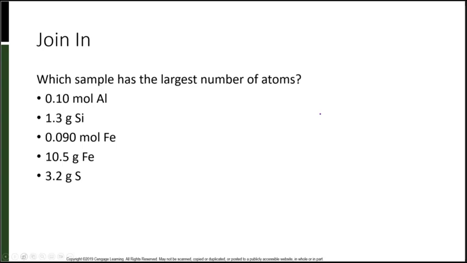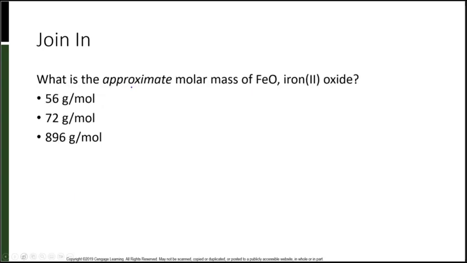Which sample has the largest number of atoms? Oh, so we got to go from, if they're in grams, grams to moles, moles to atoms. If it's already in moles, you just need to go to atoms. Which one has the largest number? Pause it and find it out. You get 10.5 grams of iron. What's the approximate molar mass of iron 2 oxide, FeO?